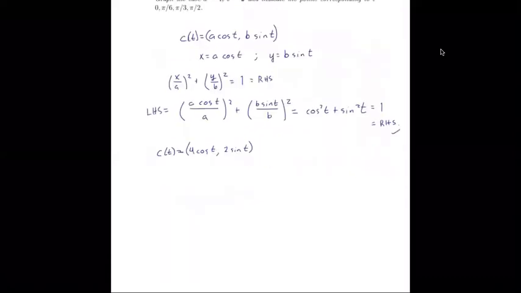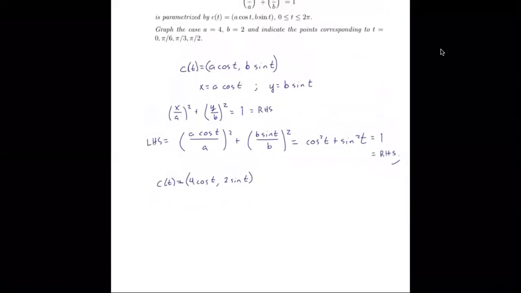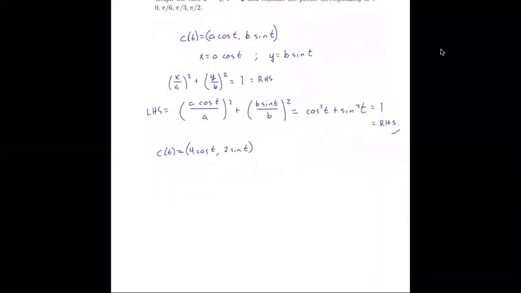Okay, so if a is 4 and b is 2, let's talk about what some of the points on this ellipse are. Well, remember that t equals 0. If we range t from 0 to 2 pi, we're thinking about the unit circle in some sense, right? The unit circle starts at 0, ends at 2 pi. That's the positive x-axis. 0 and 2 pi are the same point.